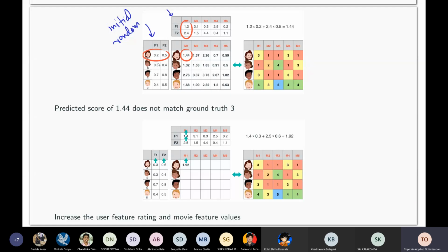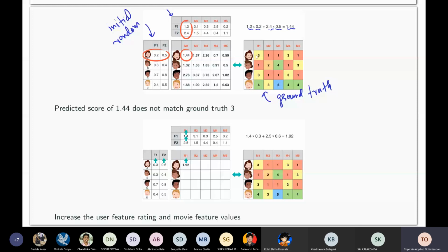If you multiply this out, let us say this entry, this is what you get: 1.2 times 0.2, and then 0.5 times 2.4, you get 1.44. And the ground truth is this. This is something you are guessing each time, and you got 1.44.